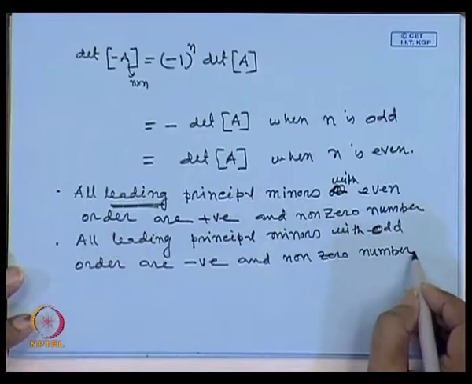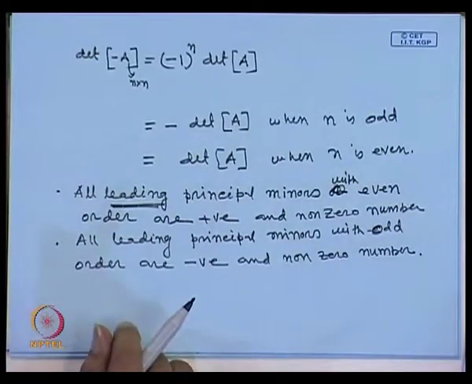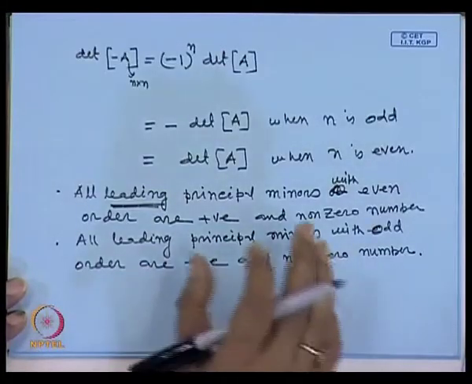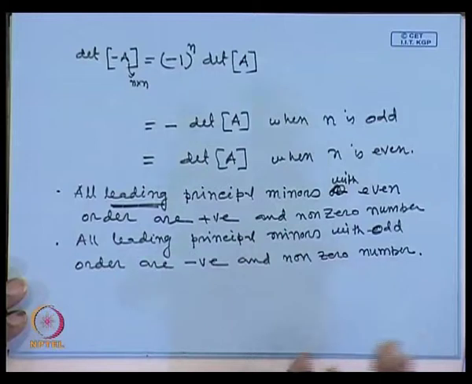Agree? So, this is the test. Alternately, the first order will be negative, the second order leading principal minor will be positive, the third order negative, the fourth order positive, and so on until you reach the original system order, that means n cross n.